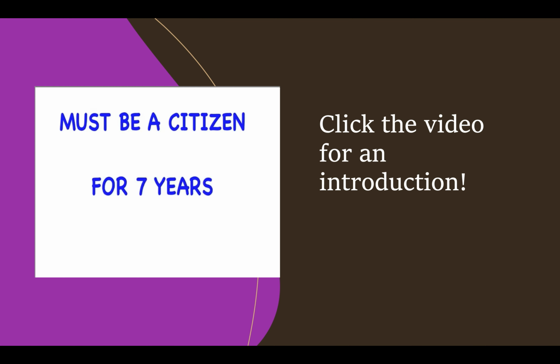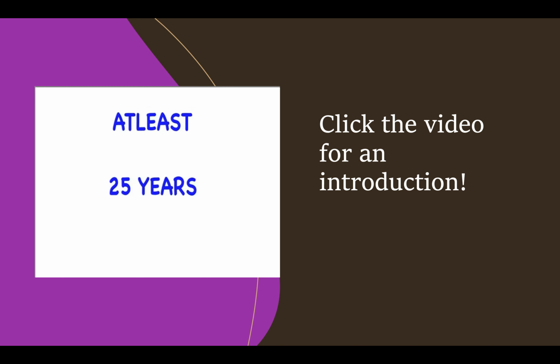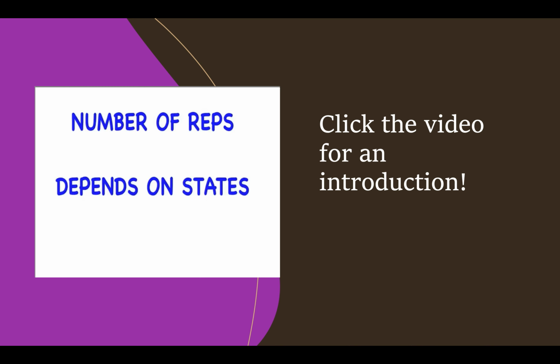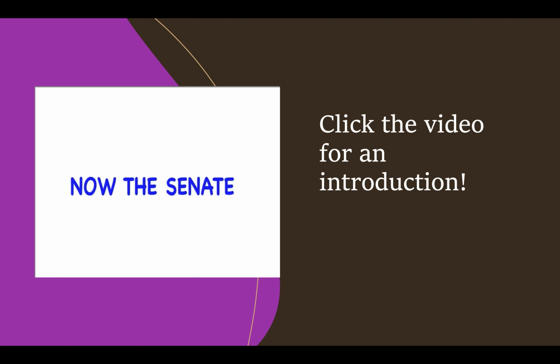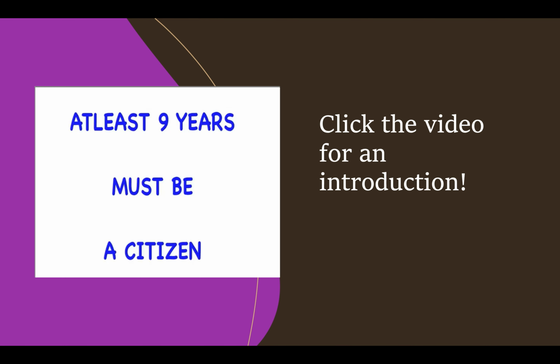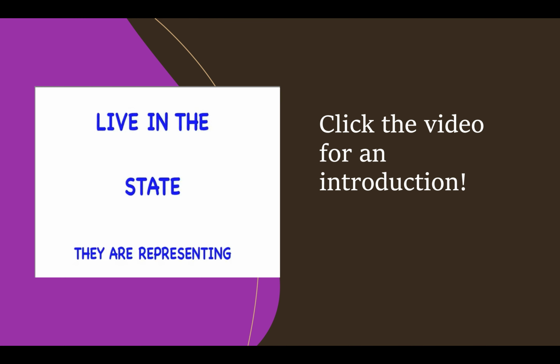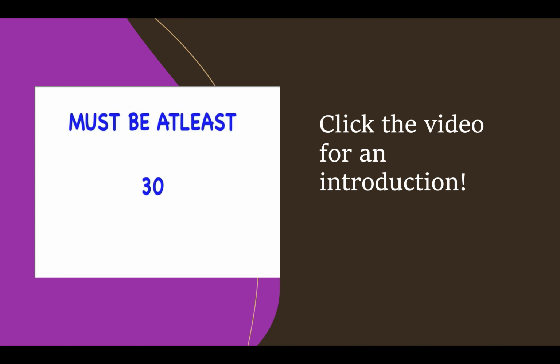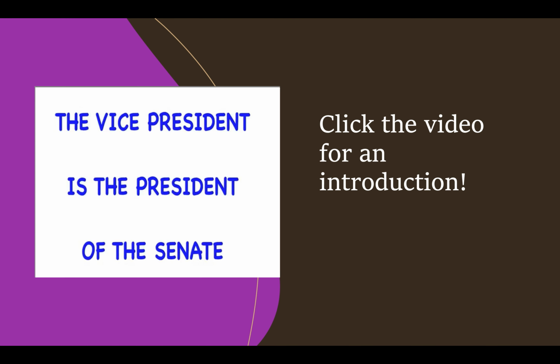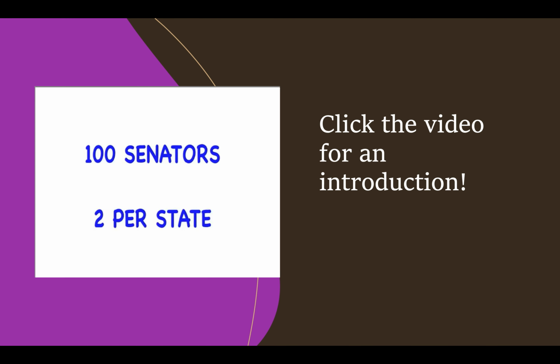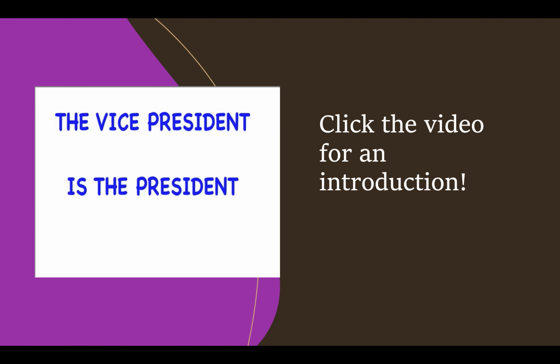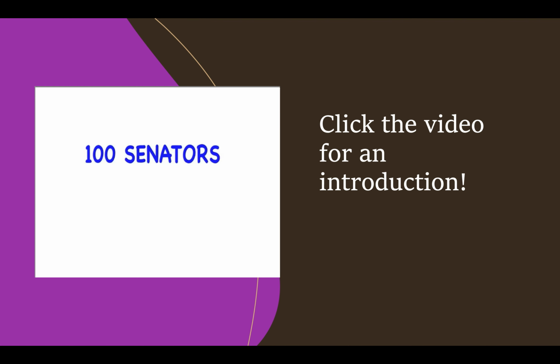Must be a citizen for 7 years at least, 25 years of age. Number of reps depend on state's population. Now the Senate: at least 9 years a citizen, live in the state they are representing, must be at least 30. 6-year terms, every 2 years, elect 1/3. The vice president is the president of the Senate, 100 senators, 2 per state.